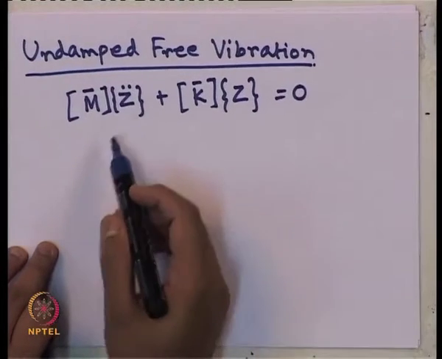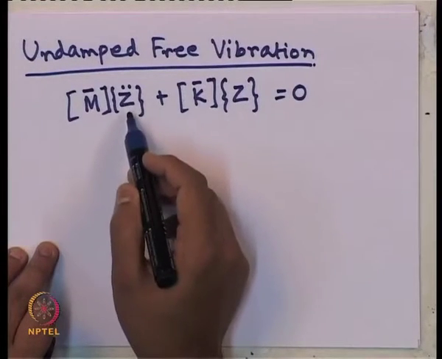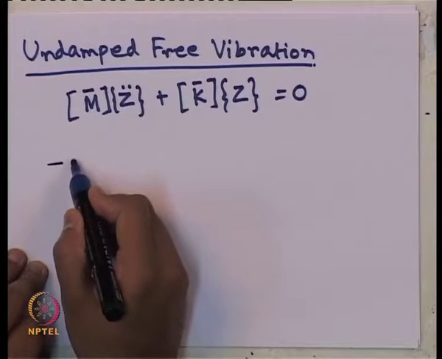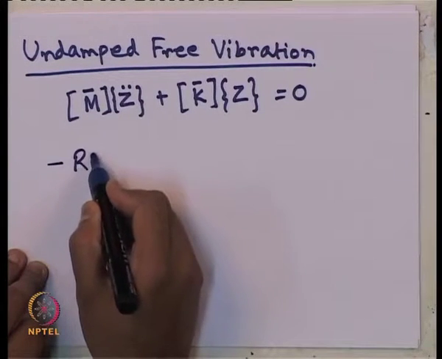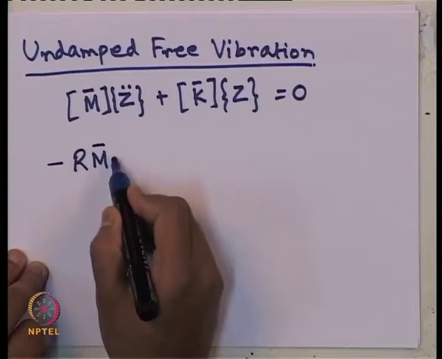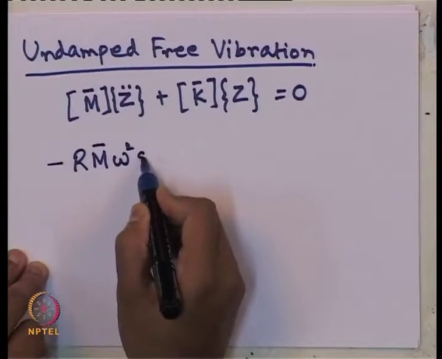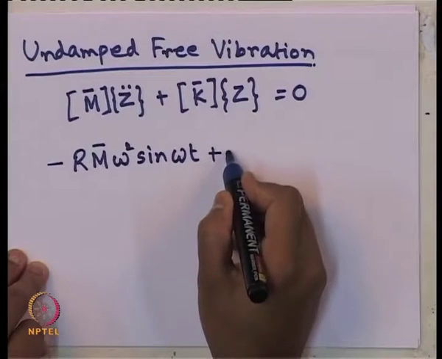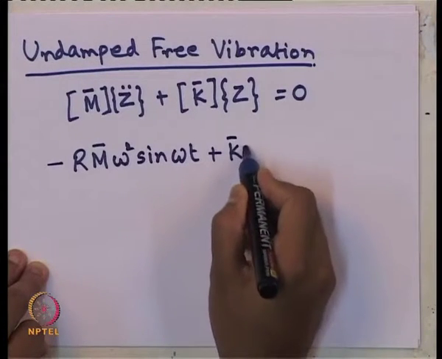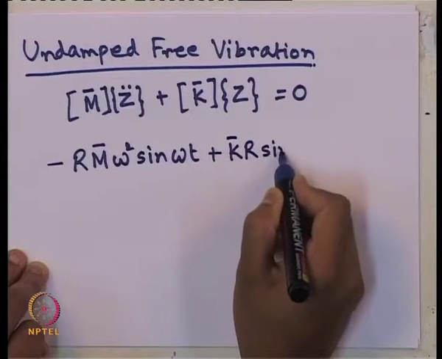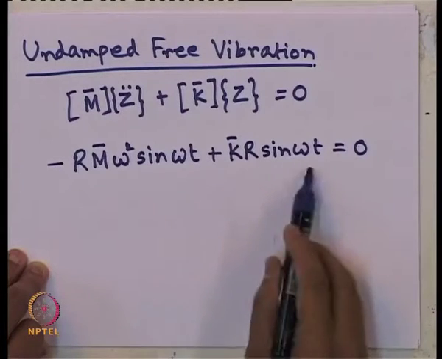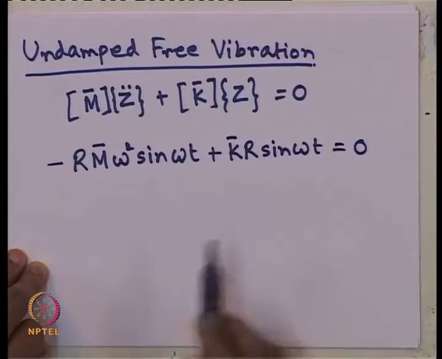What we can write by putting the assumed solution of z, the equation will give us minus r m bar omega square sin of omega t plus k bar r sin of omega t equals 0, because z we have assumed in the form of r sin omega t.